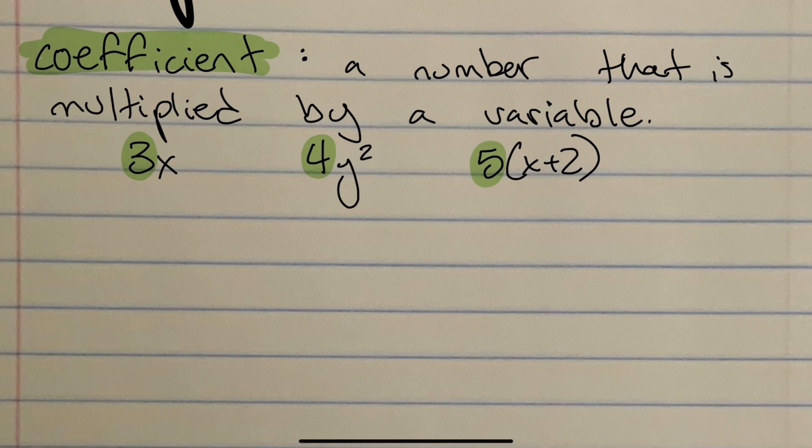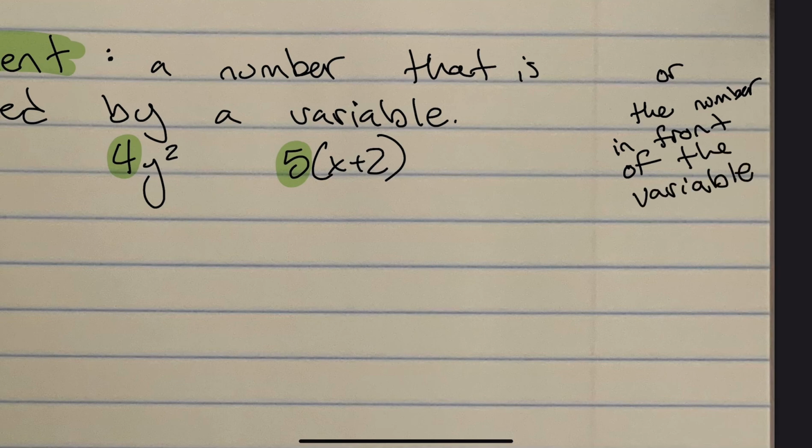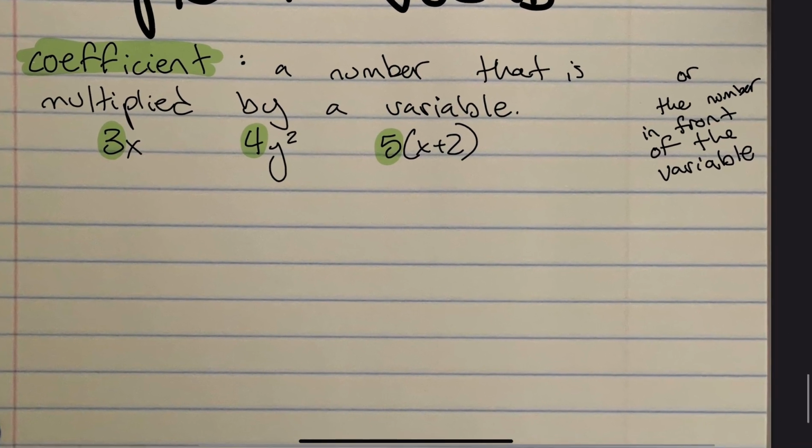So that's something that we could put off to the side, or the number in front of the variable. Either of those will work as our definition here. It's just going to mean whatever number is at the front of your variable.